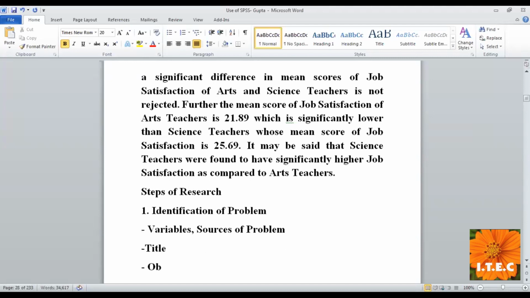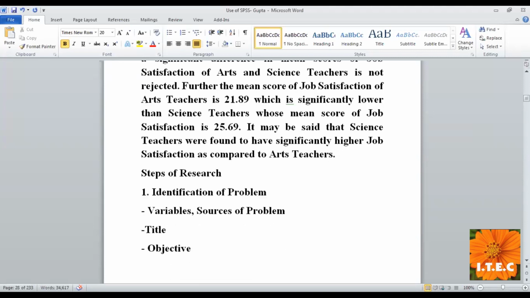And then I have talked about the objectives, how objectives have to be written. Then next step is the formulation of hypothesis. I've already explained what should be the nature of the data so that you can formulate hypothesis, and what should be the nature of the data when you cannot formulate.